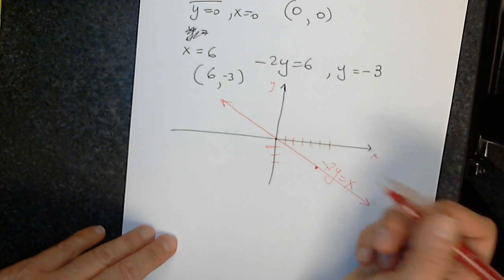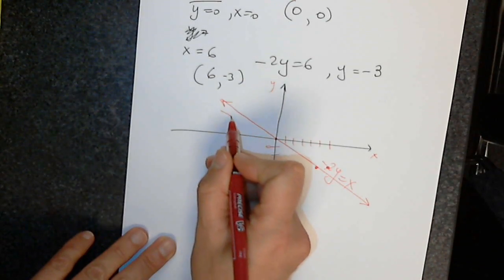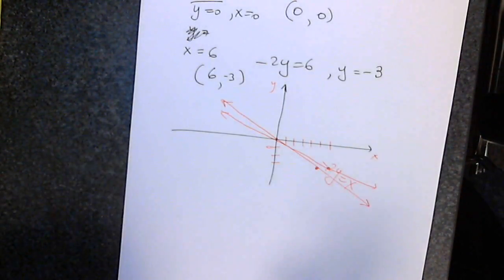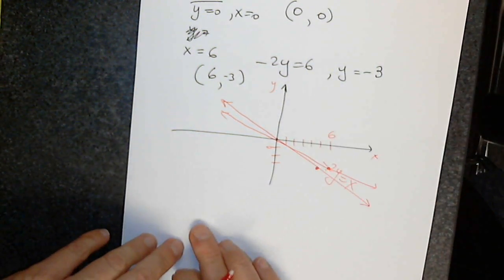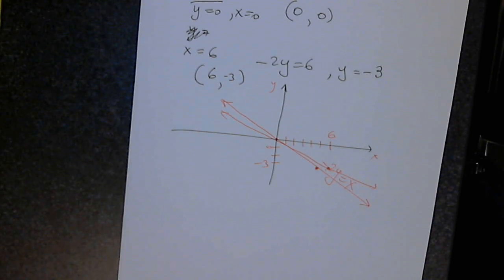You're right. I said 6, but I didn't go far enough. Good catch. Sorry, that's not what I meant. I meant 6. Okay. Sorry about that. Very good. Good catch. Any questions?